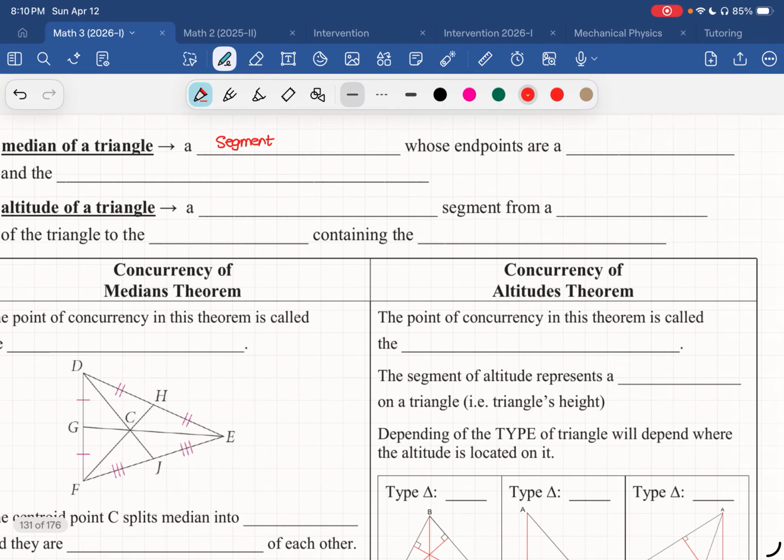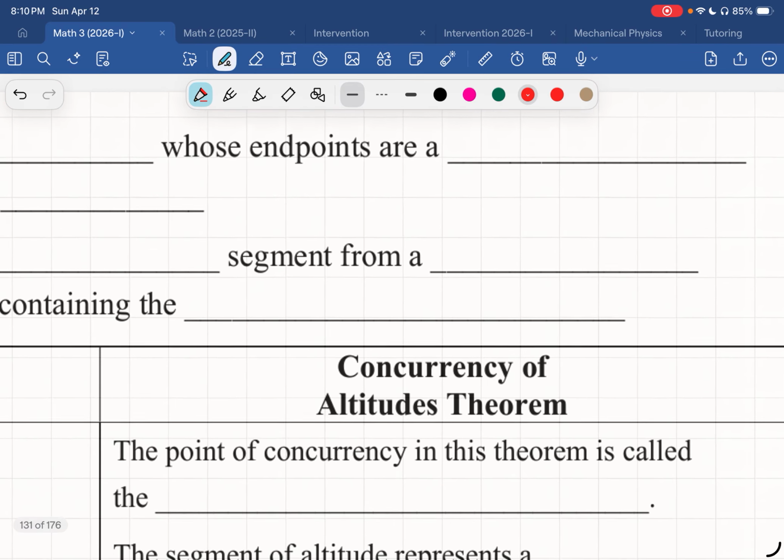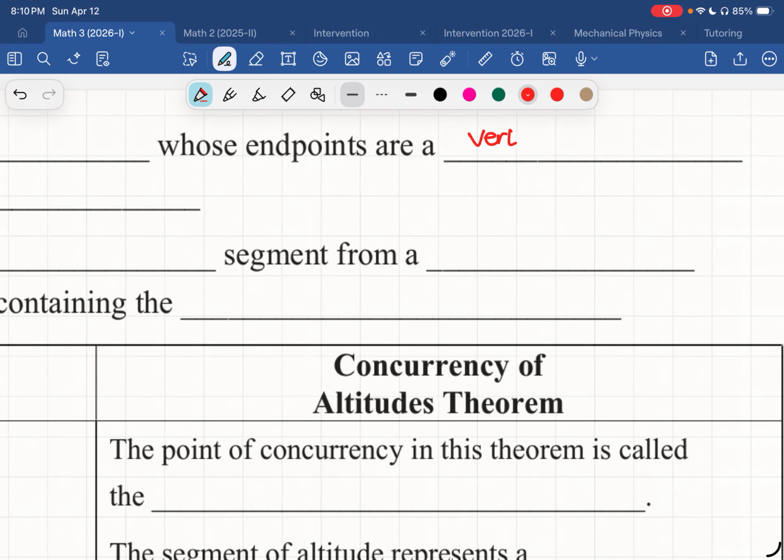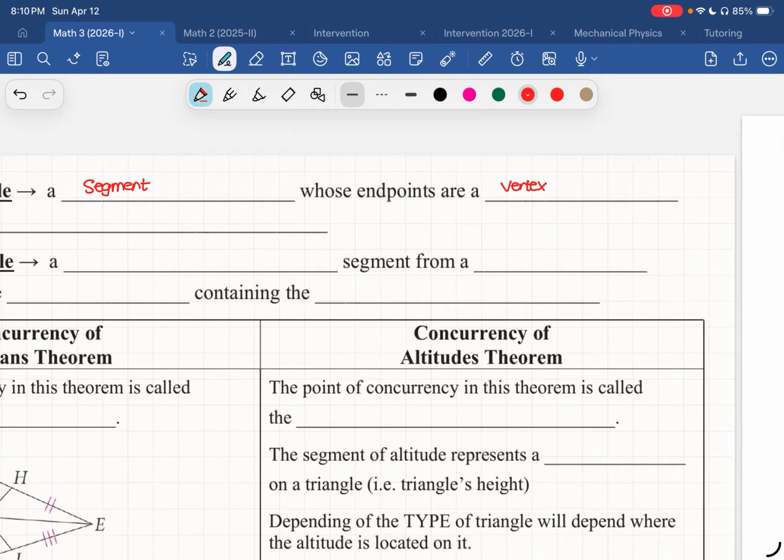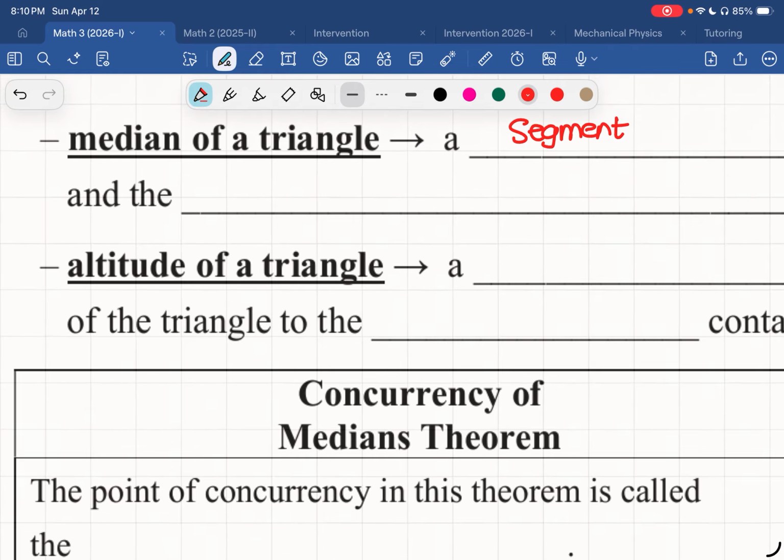Whose endpoints are a vertex and the midpoint of the opposite side. I'm going to explain this with an example later so you can understand it better.